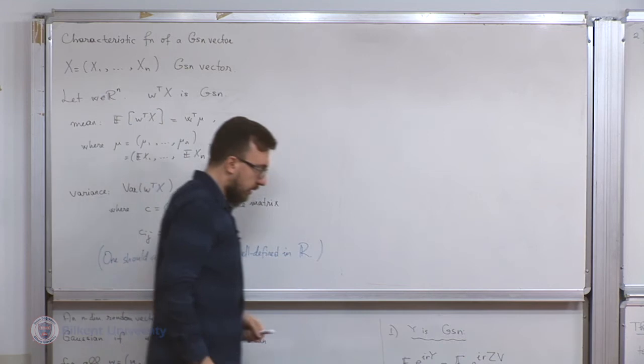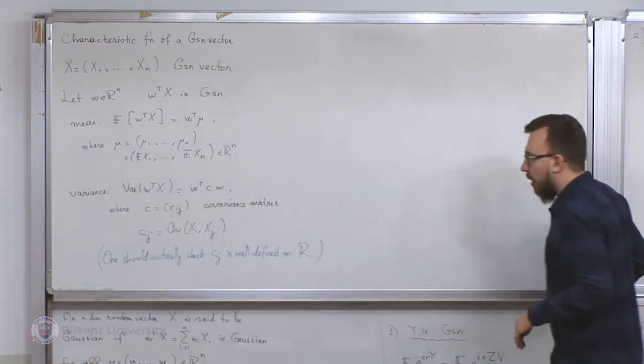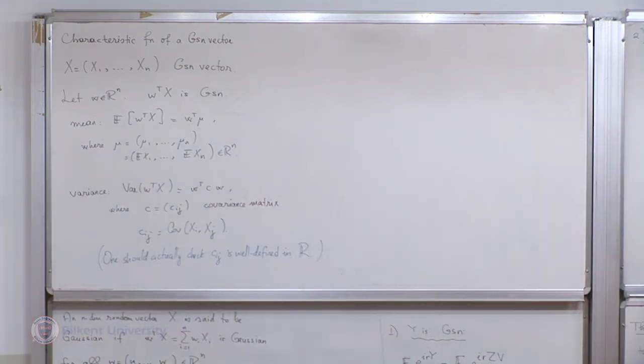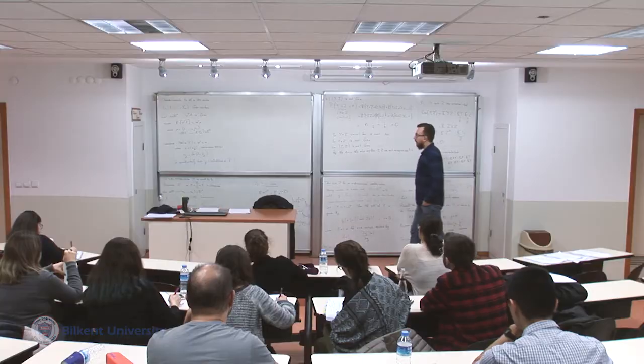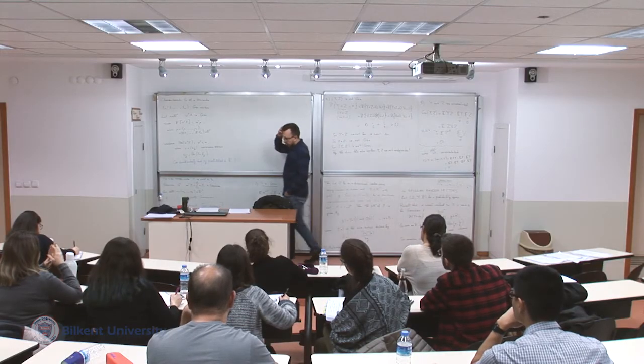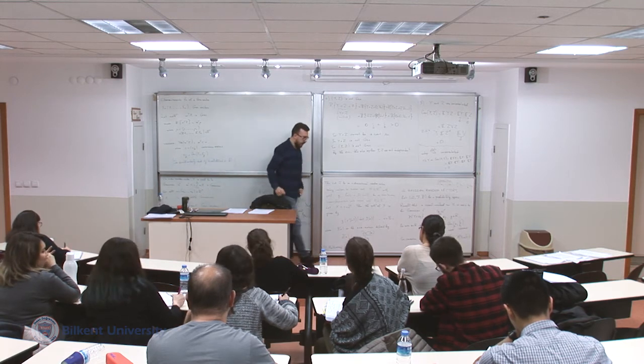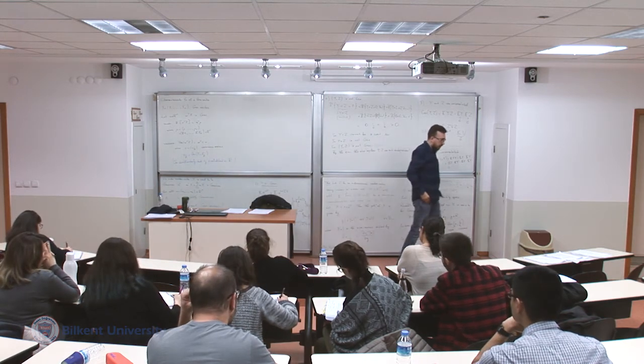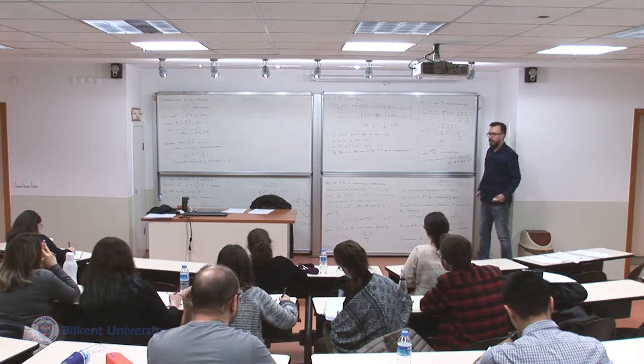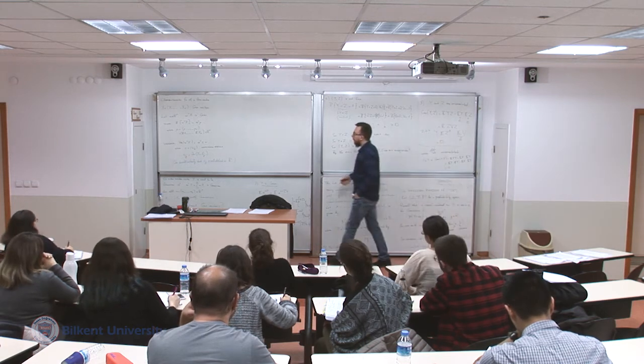But let's skip that detail. To prove that, we need some inequality, which we're going to discuss in the very last chapter, the Cauchy-Schwarz inequality. But for now, let's just believe that this is the case. Covariances are well defined.